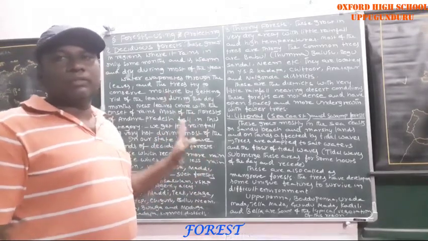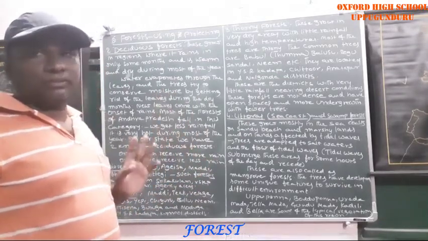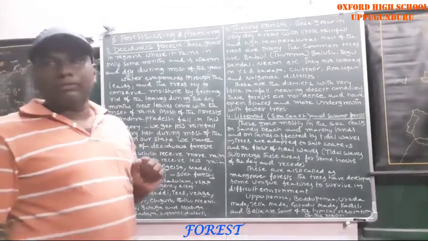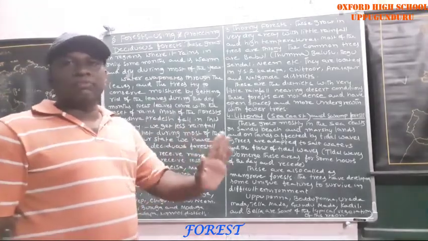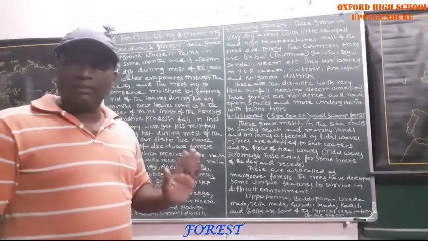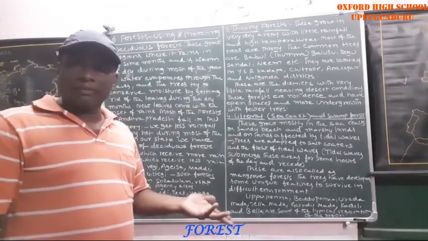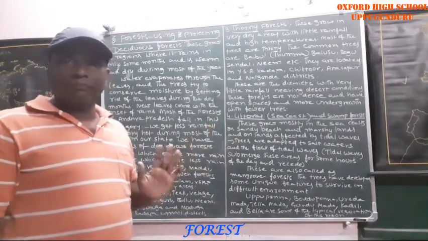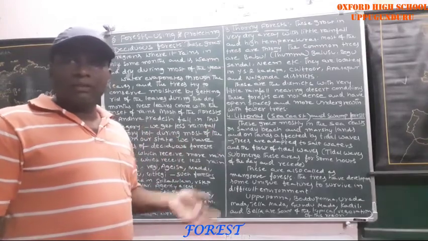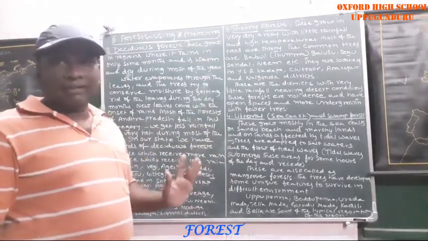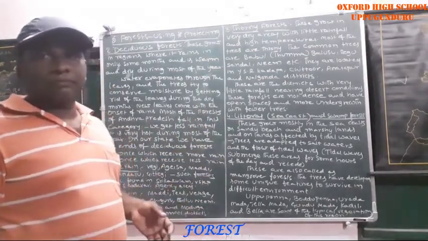In those areas we can find deciduous forests. Once again I will tell you, only in a few months rains will fall in some areas, and in the remaining months these areas are dry, there is no rainfall. In such areas we can find the deciduous forest.